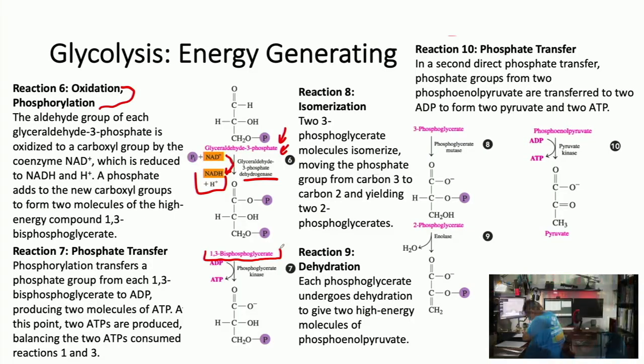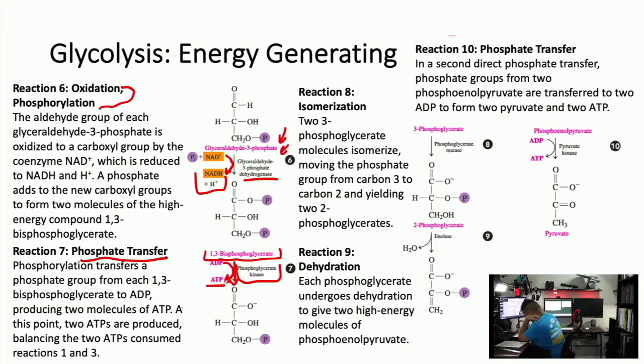It encounters the enzyme phosphoglycerate kinase, and it will phosphorylate, or transfer a phosphate, to an ADP, making an ATP. So you get an ATP, an energy molecule there.